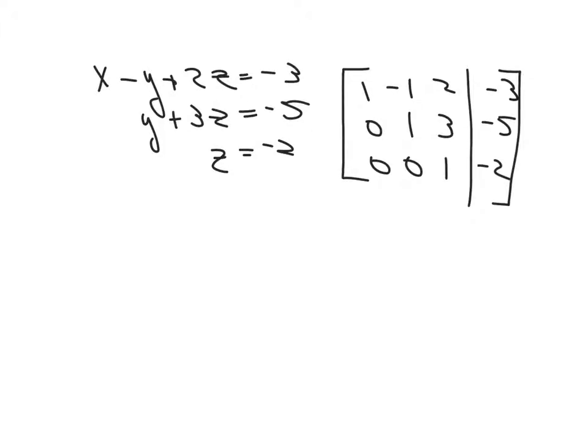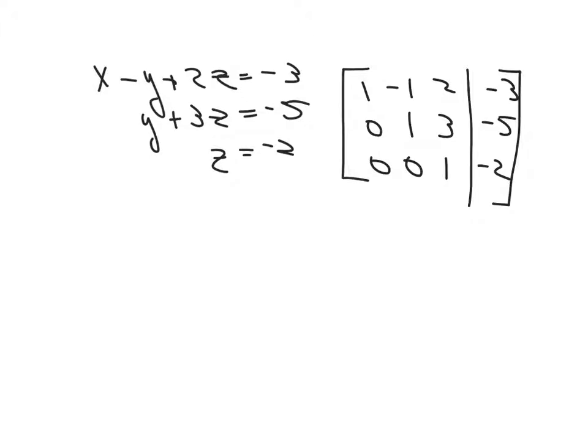Okay, so what we have here is a matrix in what is called echelon form, because what has happened here is that we have our diagonals, and this diagonal has to all be 1s, positive 1s in fact. Everything to the left has to be 0s. Once it's in that form, it is called echelon form.